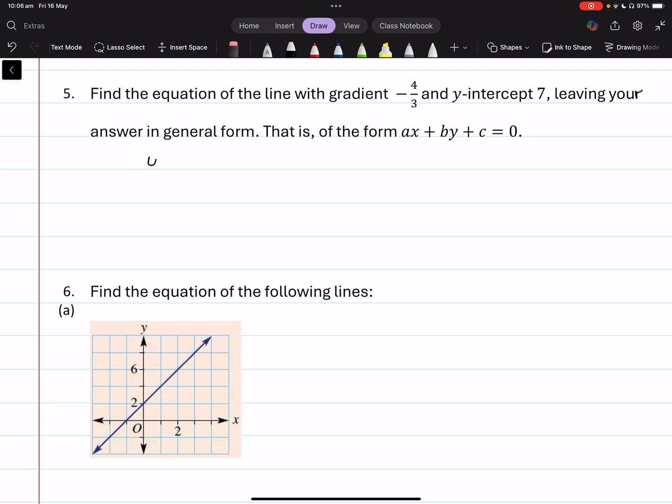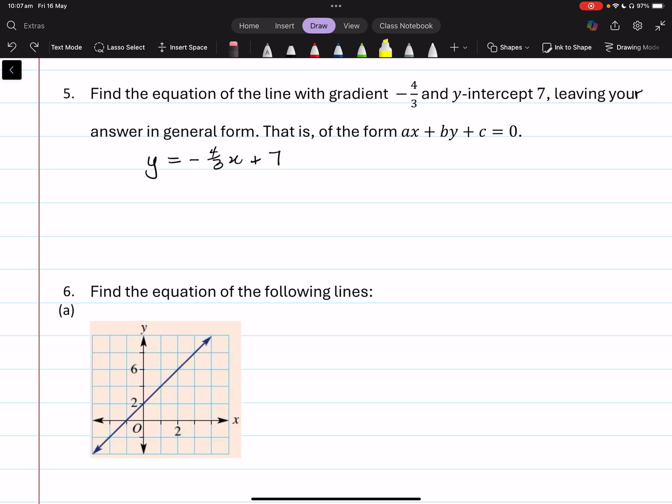We know it's going to be y equals mx plus c. Now m, the gradient, is minus 4/3 x plus the c value, the y-intercept, is 7. So there it is in gradient intercept form. It's gradient intercept form because you can read off the gradient and you can read off the y-intercept.